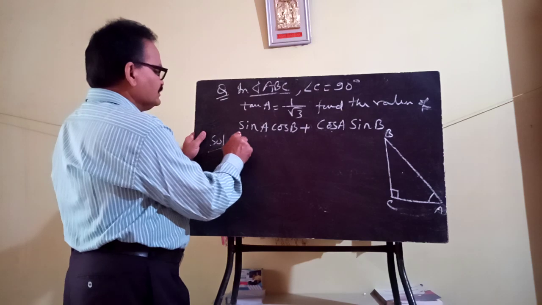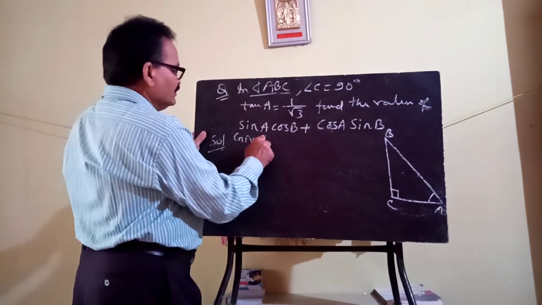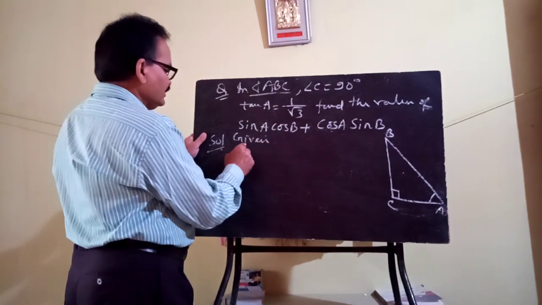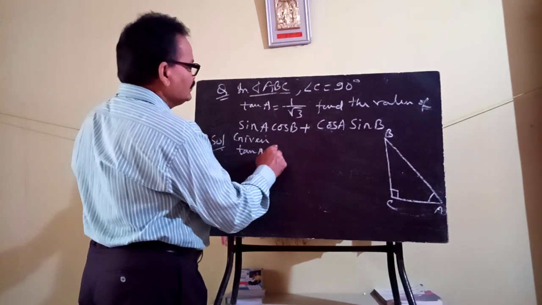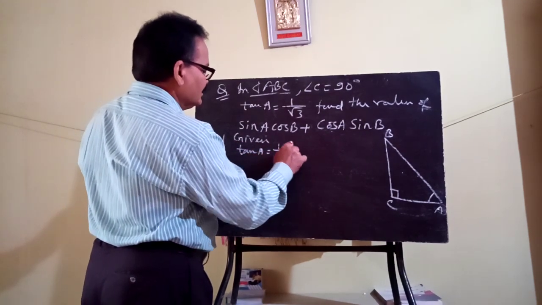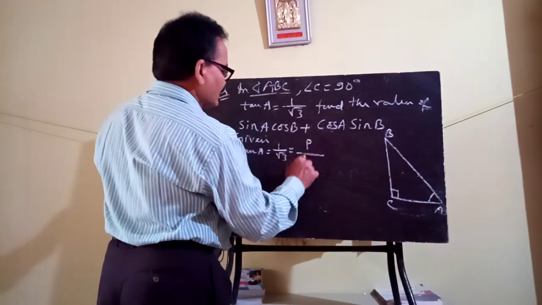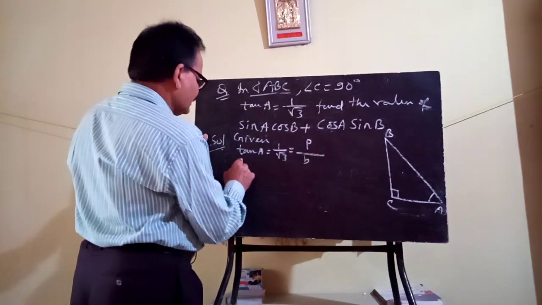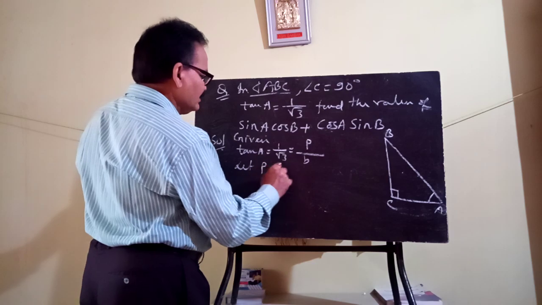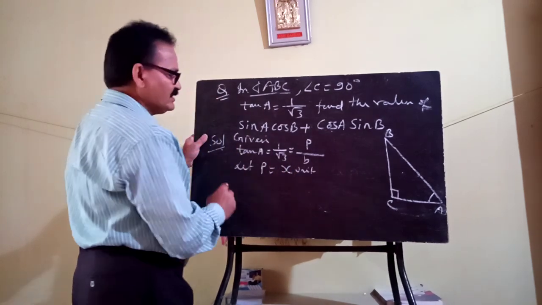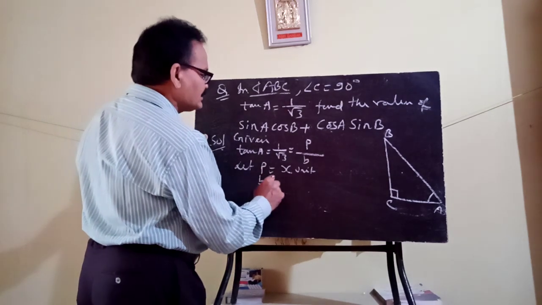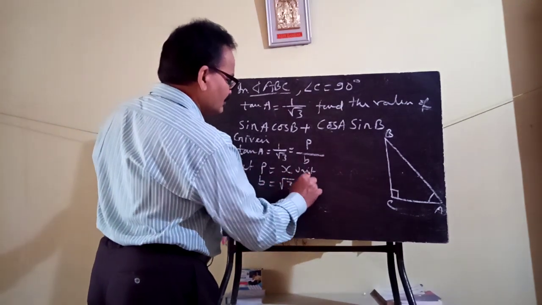Given tan A is 1 by root 3, which equals P by B. Let P equal x unit, because only 1 is there, and B equals root 3x unit.